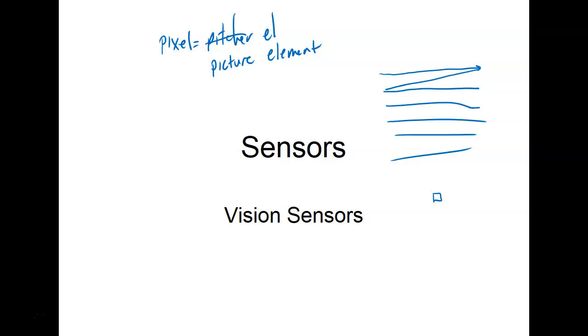Now the pixels are so small, and to do color, basically we have 3 prime colors. We actually have 4 prime colors. Anybody know what they are? You got red, blue, green, and what's the fourth one?